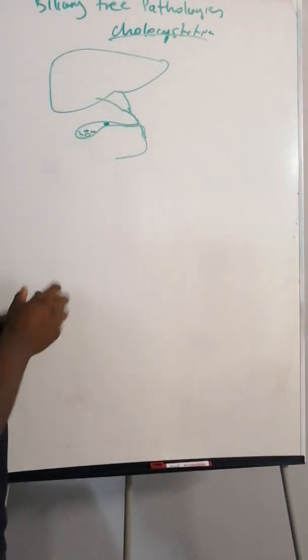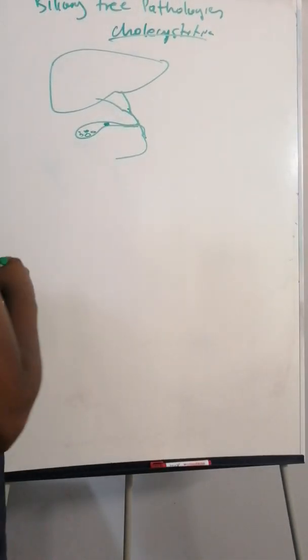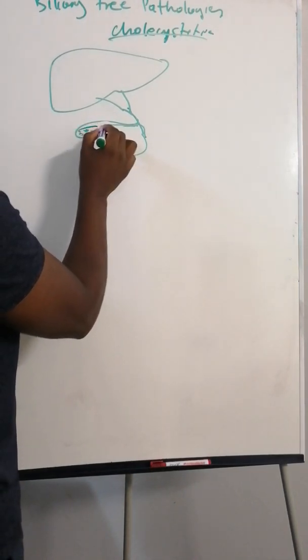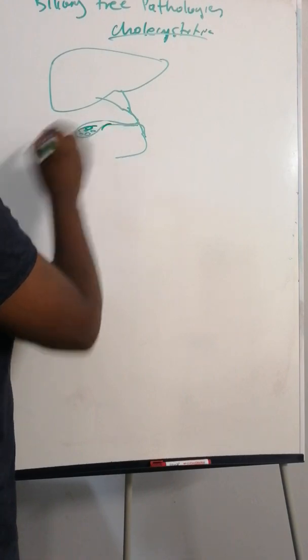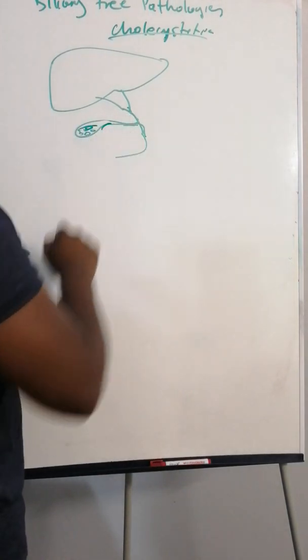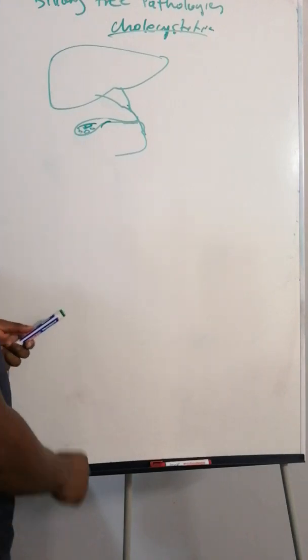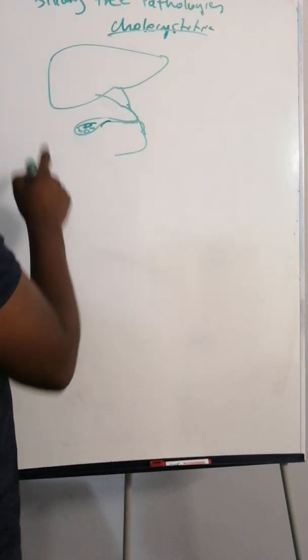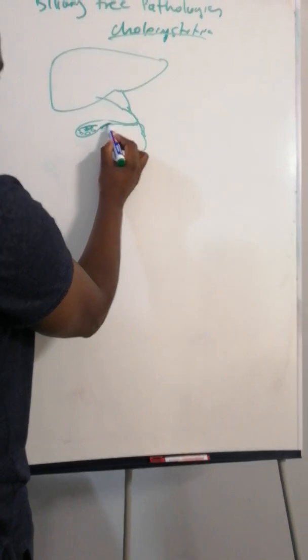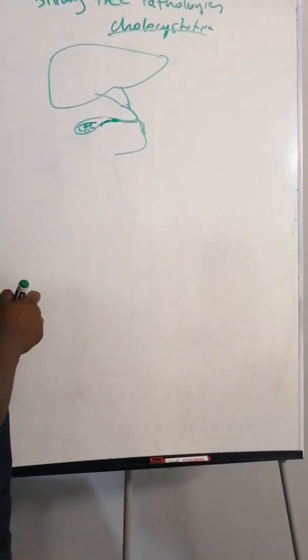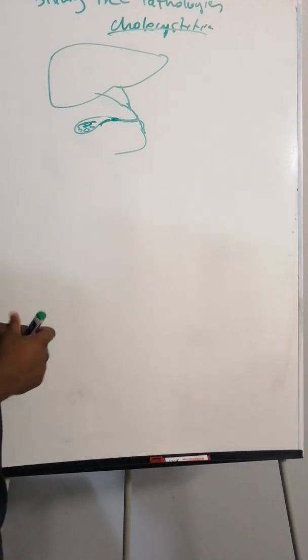Here is just a stone obstructing, and this stone has got a potential of even falling back, and then the lumen or the duct becomes patent again. Then the patient becomes asymptomatic again. Now, what happens if this same stone now comes and obstructs further down the cystic duct, such that this stone cannot fall back?